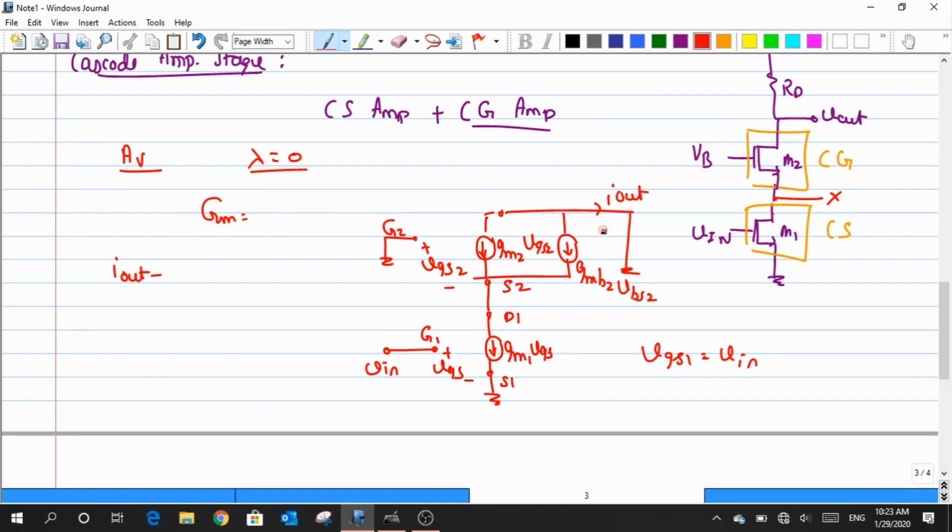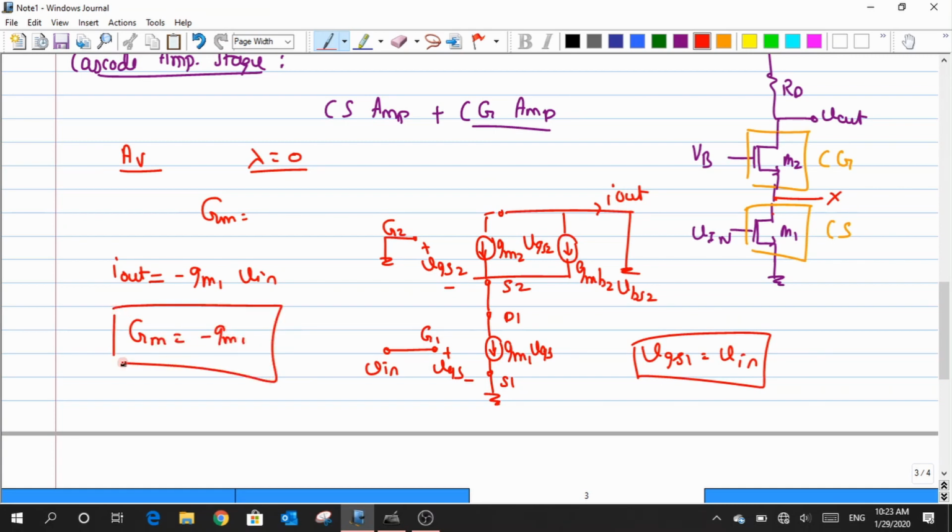What is coming out is this current that is related to my Vin. So I can express this I out as minus GM1 times VGS, and we know that the value of VGS is basically equal to Vin itself. Because of that, the GM has become very simple. This simplification happens only when I assume that lambda equals 0, but the same will not be applicable when I go with R0.